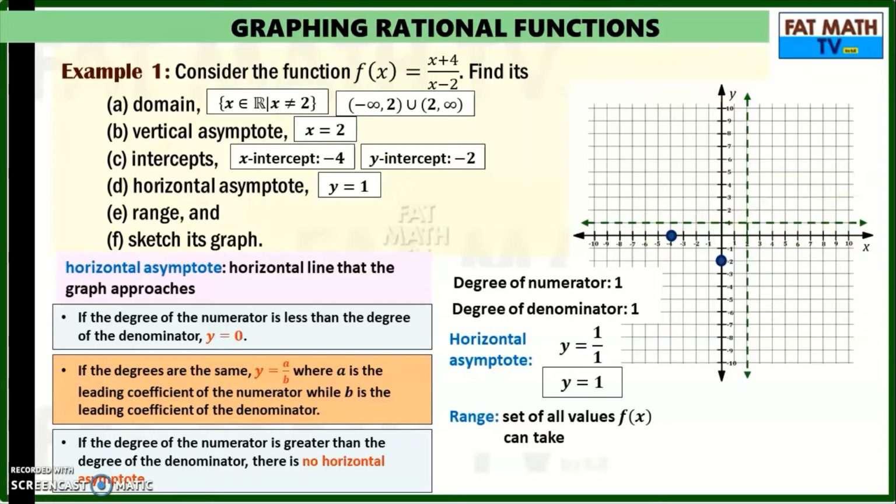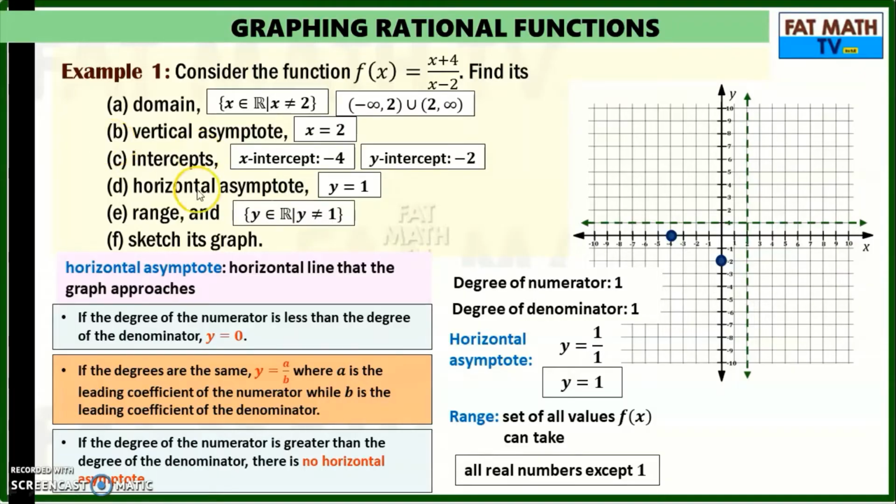How about the range? The range is a set of all values that f of x or y can take. So as what you can see here, y equals 1 is a horizontal asymptote. So if you will give values to your x, you can never have a value of y that is 1. So the range here is the set of all real numbers except 1, because you cannot have a 1 here for your y value.